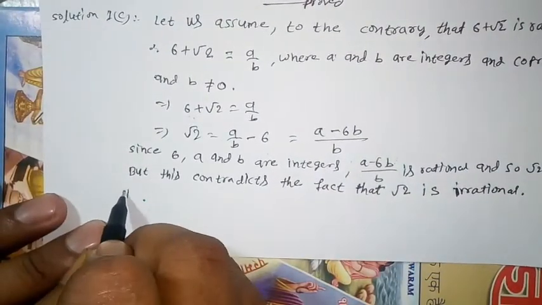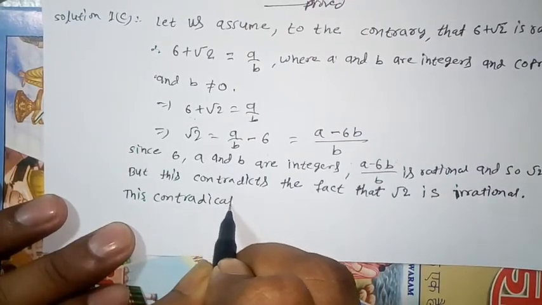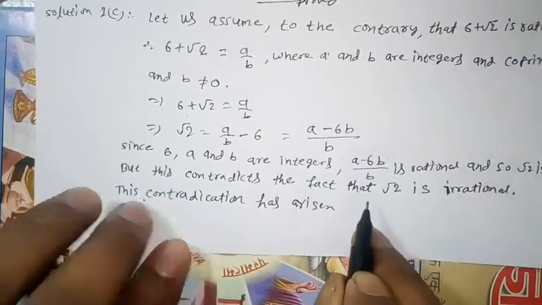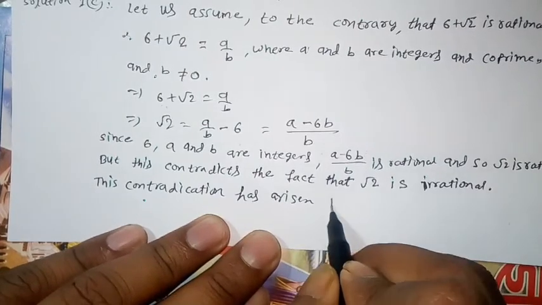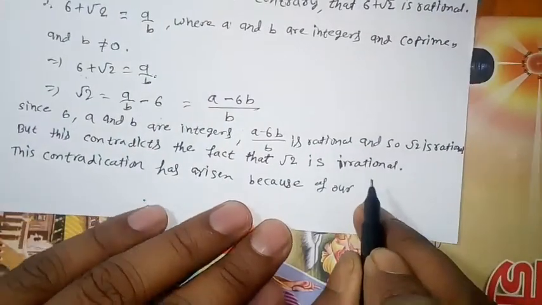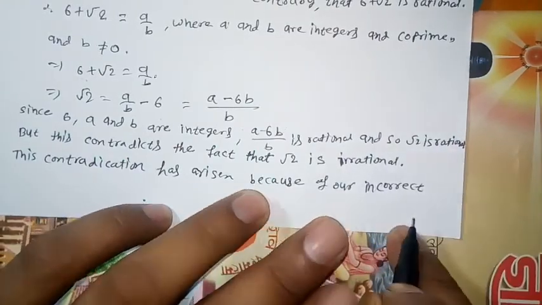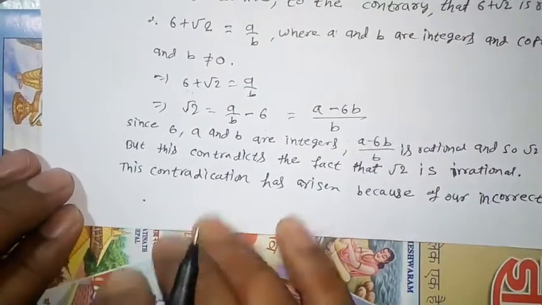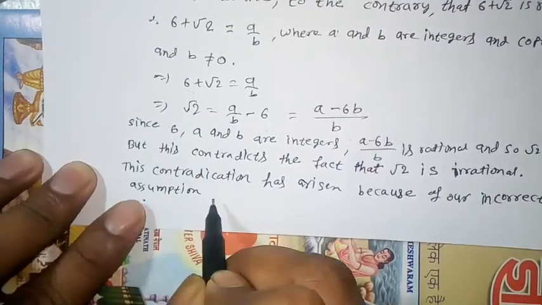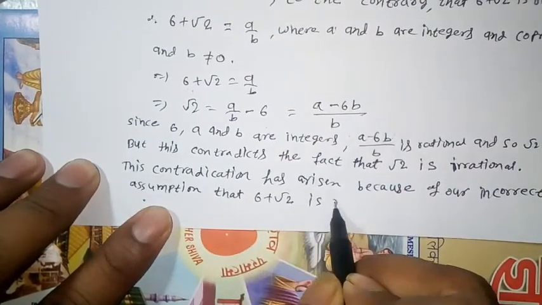This contradiction has a reason because of our incorrect assumption that 6 plus root 2 is rational.